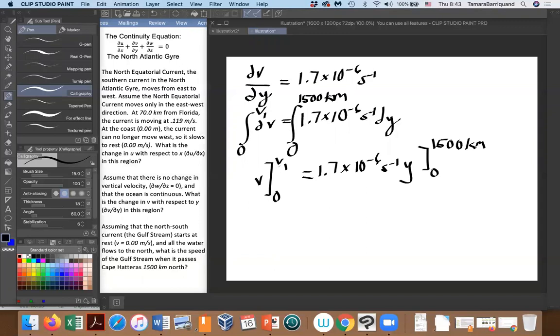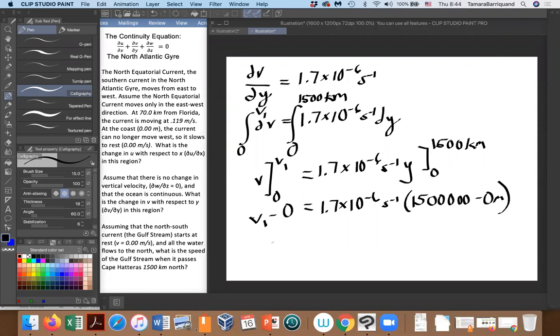So I do b minus a: v1 minus 0 on this side is equal to my constant 1.7 times 10 to the minus 6 per second times b minus a on this side, 1,500, I'll put the 3 zeros there, meters minus 0 meters.